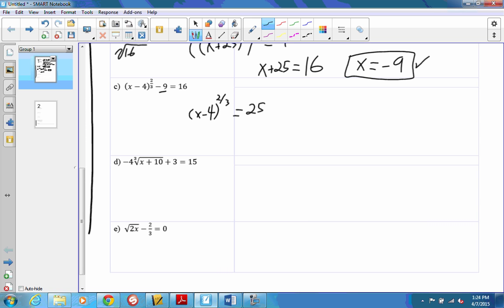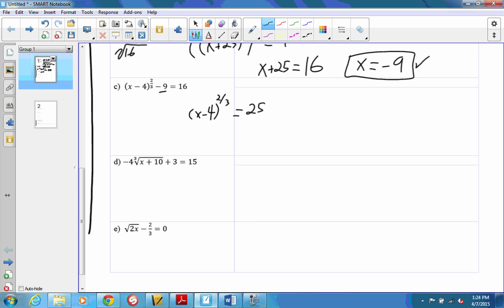Right? No, 2/3. Oh, sorry. Yeah, I know this would be hard to see. If you need me to say it or write it bigger, I will. We good? So then, how do I get rid of this 2/3? I could cube.